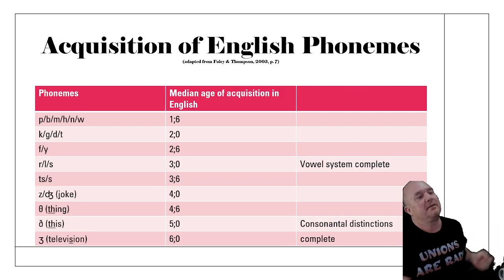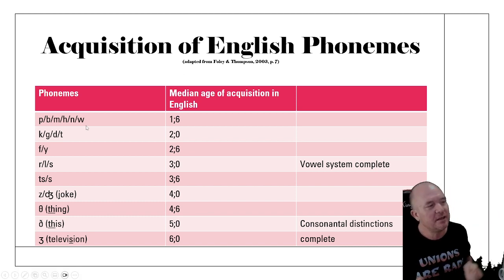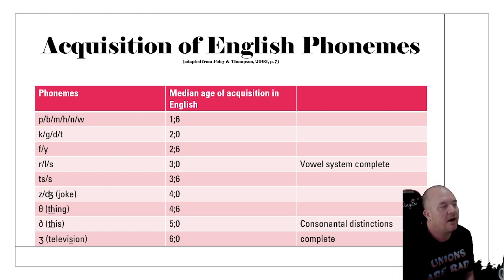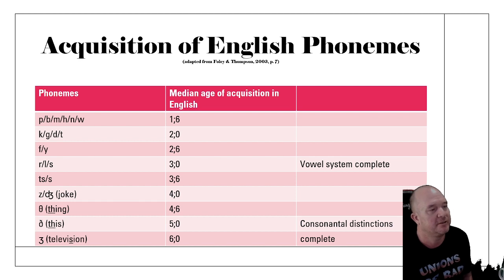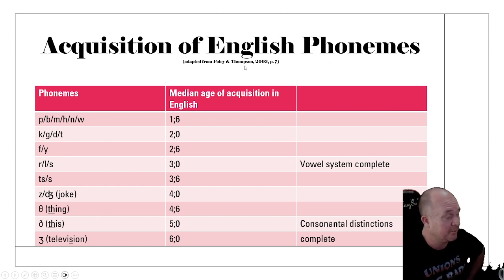So let's talk about what phonemes are. Phonemes are the smallest unit of sound in a language system. So phonemes are sounds, not letters. We don't want to confuse phonics, which is a written orthographic symbol that might correspond to a phoneme.